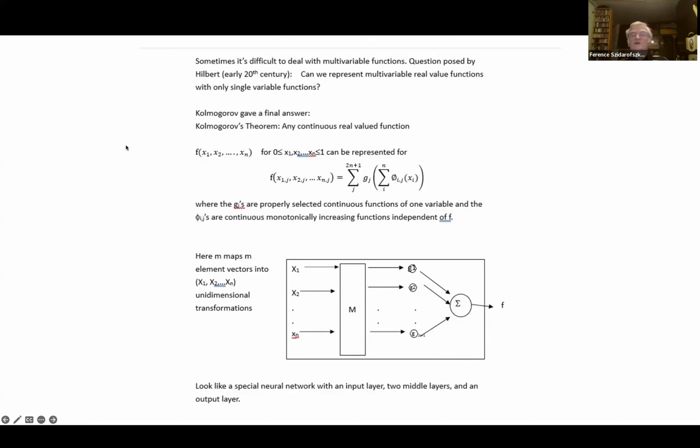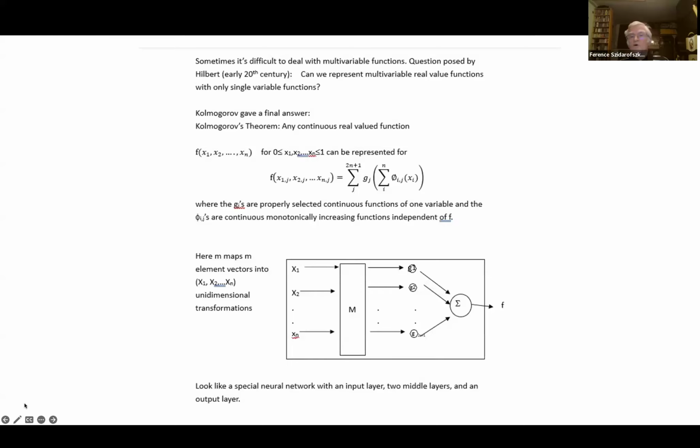So it can be considered as a primitive neural network where the input variables are the x's, and this is actually the middle layer. You can consider it either 1 or 2 middle layers. Here I set it up as 2. And then they are added up, combined into the output.